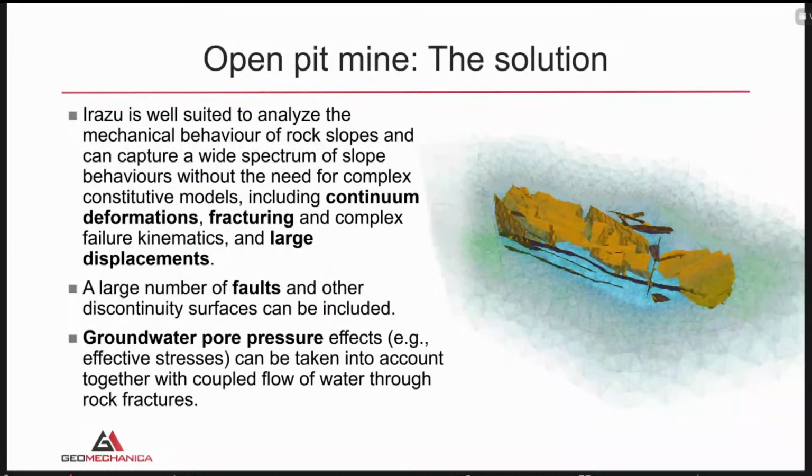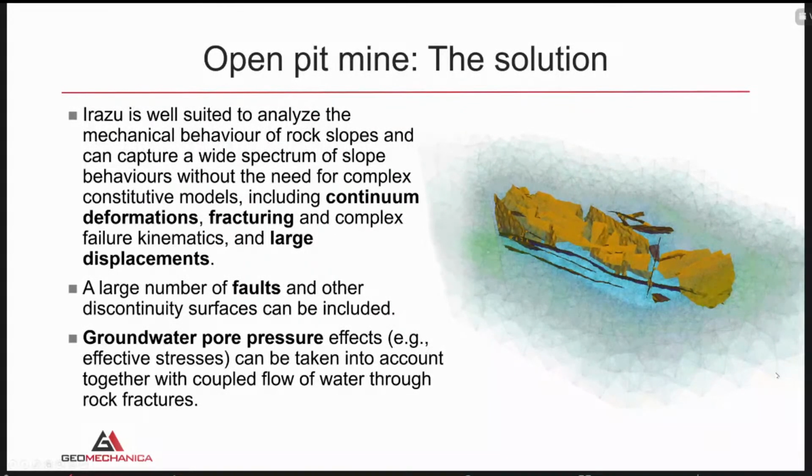In this case, we had a complex structural geology model that was developed by previous consultants, and there were a large number of faults and other discontinuity surfaces that needed to be incorporated because we knew that they were going to play a key role. So these were all digitized and embedded into the mesh for the analysis. You see the picture on the right.